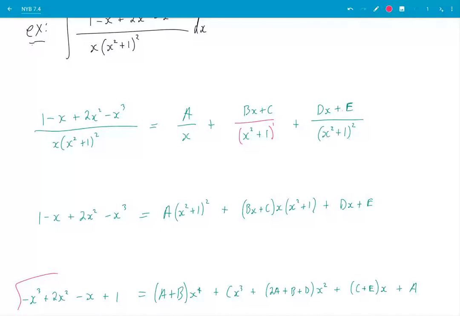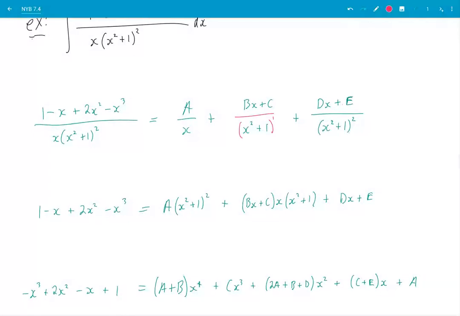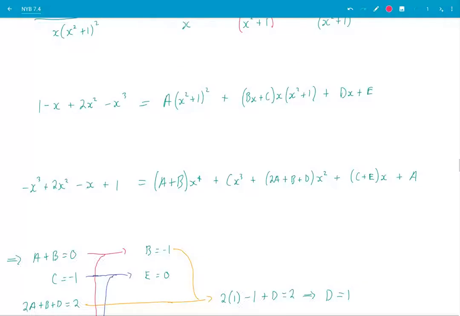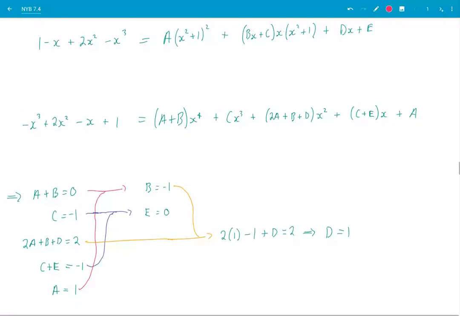On the left, I rearrange things to make my life a bit easier. Put my x cubed term first. Okay, because I have 1, 2, 3, 4, 5 terms here, I'm going to have a system, a wonderful system. Oh boy, a wonderful system of 5 equations here. Now pause and copy that.